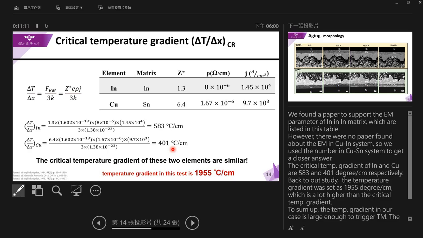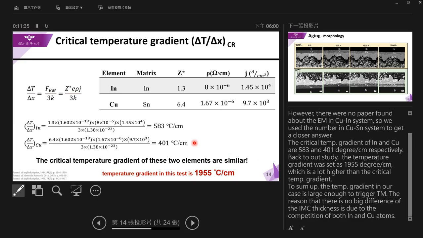The critical temperature gradients of indium and copper are 583 degrees Celsius per centimeter and 401 degrees per centimeter. The temperature gradient we set up in this test is nearly 2000 degrees Celsius per centimeter, which is a lot higher than the theoretical value we calculated. To sum up, the temperature gradient in our case is large enough to trigger thermal migration.